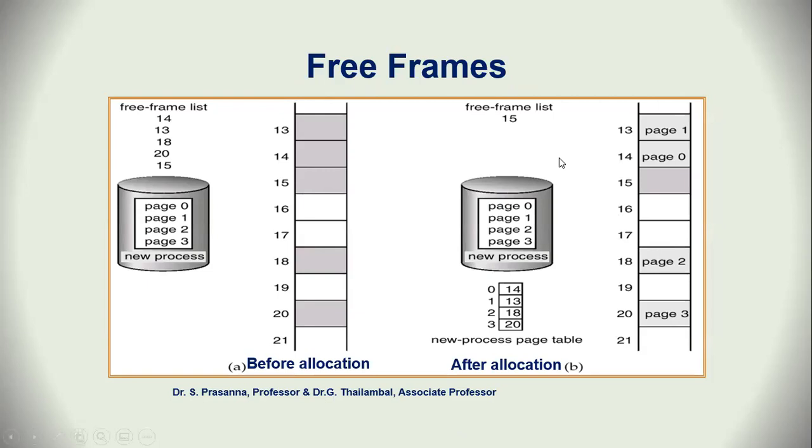And what are free frames? Free frames are the frames which are not at all allocated. How will you find the free frames? Before allocation, it was empty. You can see in the diagram, it was empty before allocation.